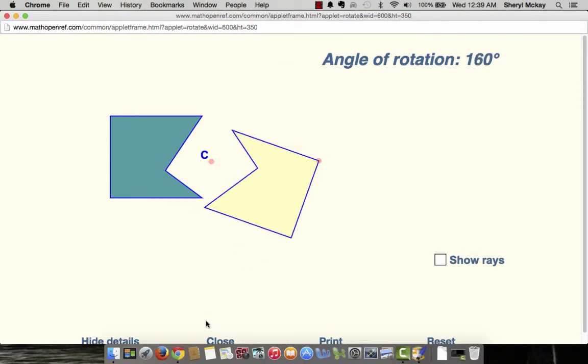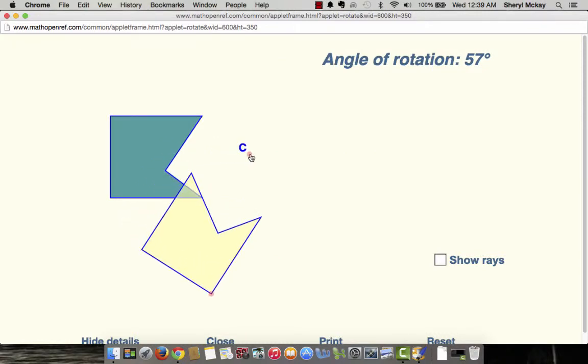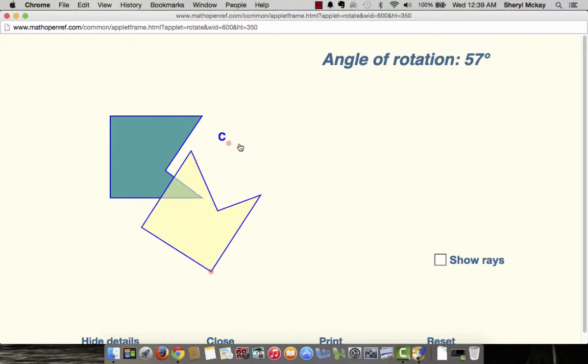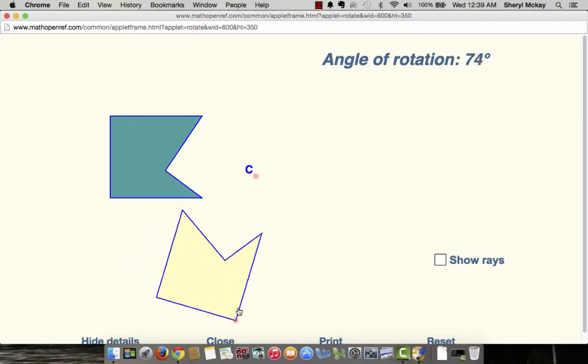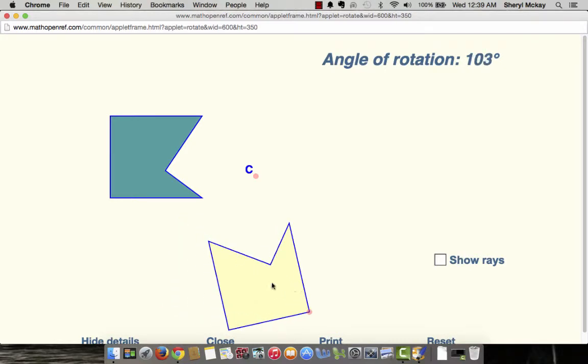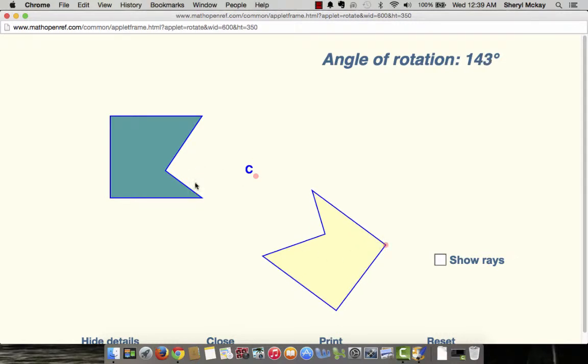Let me see if I can make this a full screen so you can take a look at it. So here you can see it says drag the center of rotation. I can make it close, I can make it far away, I can do all kinds of things. And then, do you see this little tiny pink dot here? I can actually drag my figure, and as I drag it, I'm basically rotating this figure around this center point, and I'm changing my angle of rotation.